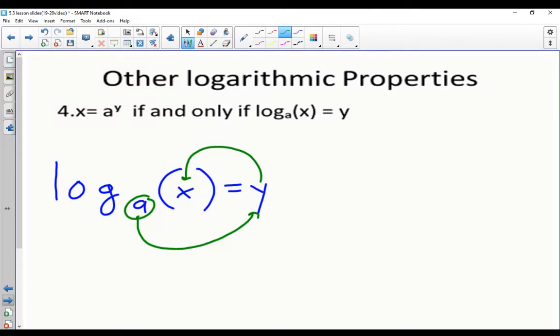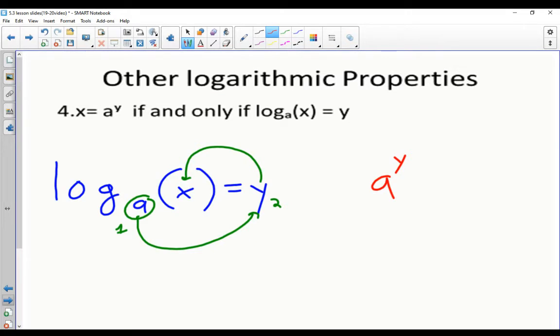Whatever came first, you would rewrite first. So the A came first, so you rewrite it first. The Y came second in the loop, so the Y would come second in the next equation.